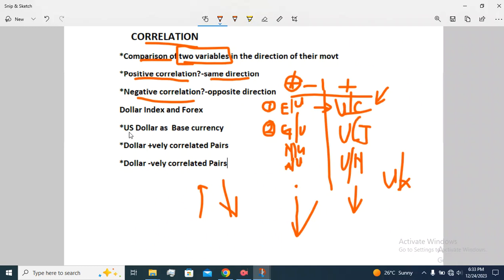The dollar index, USD as the base currency. Most currencies use USD as their base currency. The dollar is the most used currency in the world. That means the dollar is the most liquid currency, where orders are plentiful.